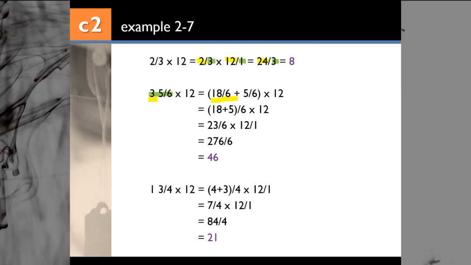So now you know how to calculate this, or there is another way that you can calculate. Let's look at this last example. It says 1 and 3/4 of a dozen. What you can do is calculate 1 dozen plus 3/4 of 1 dozen. So 12 plus 3/4 of 1 dozen.